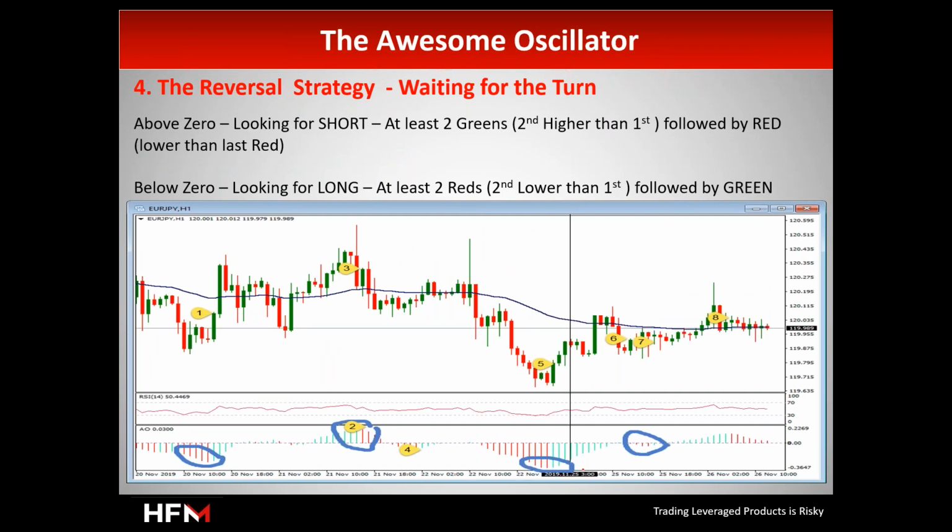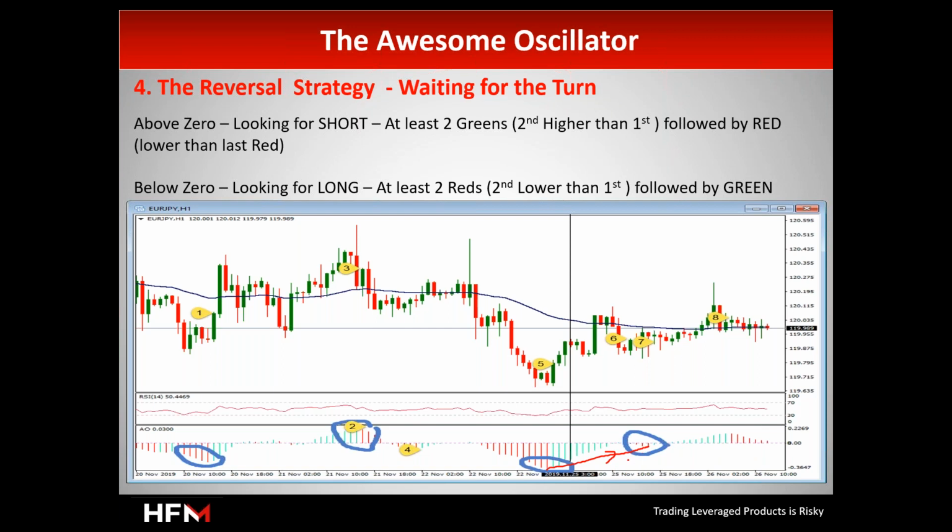If you have spotted this bullish signal, you could have entered long as soon as you have confirmed that.